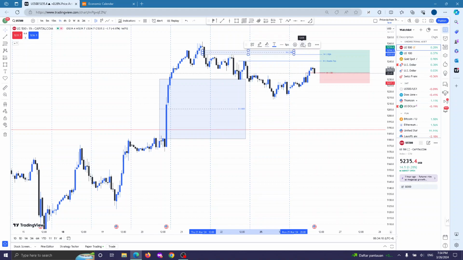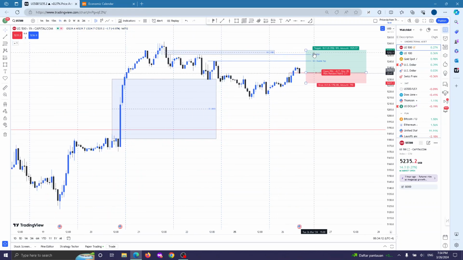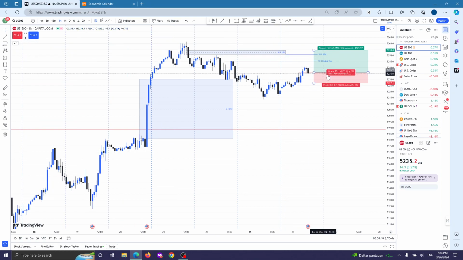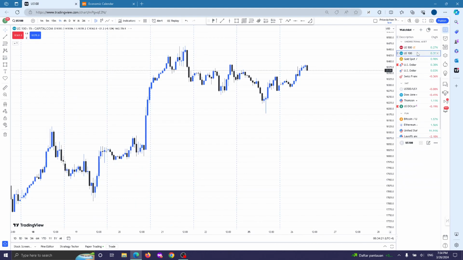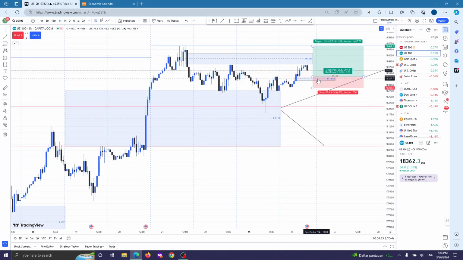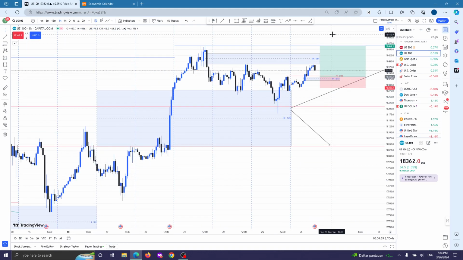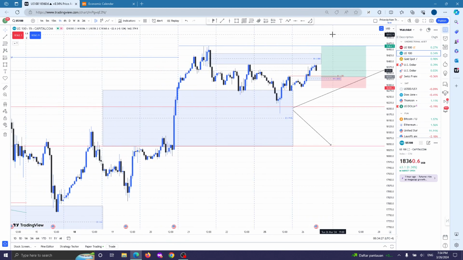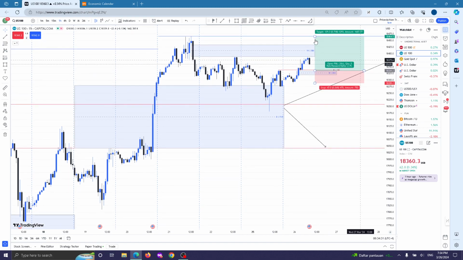Two draws in price. It's 1 RCB. Closing into this 1 RCB. Offering 2 to 1. Nasdaq 3 to 1. The real move would be here. But that will give us a weak risk reward.